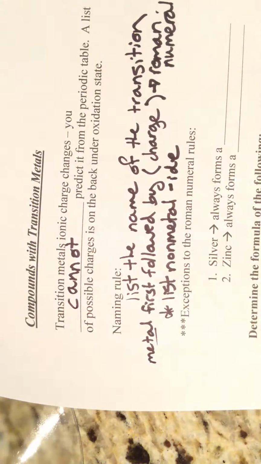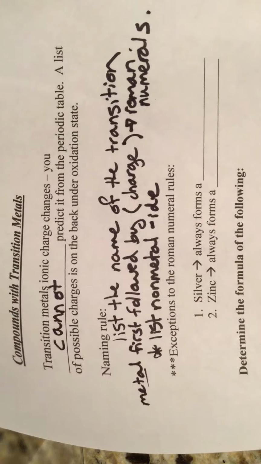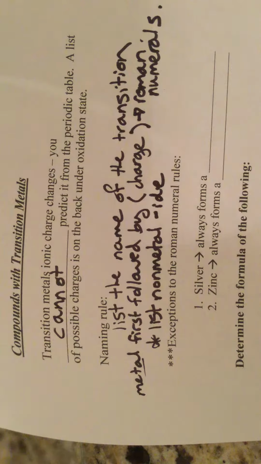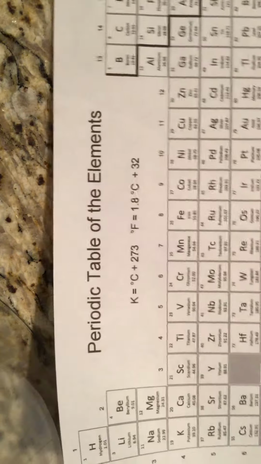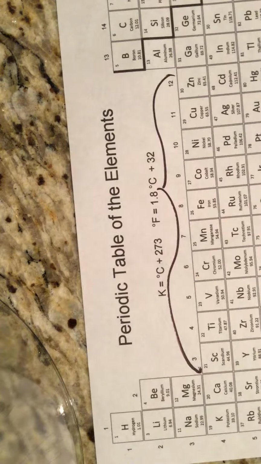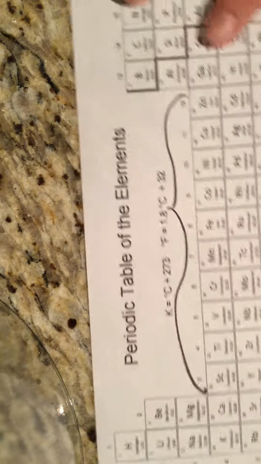The reason we have to use Roman numerals, and I've got a new clean periodic table here that I put together: this chunk here in the middle, we could never say how many valence electrons they have. We could never say how many dots.